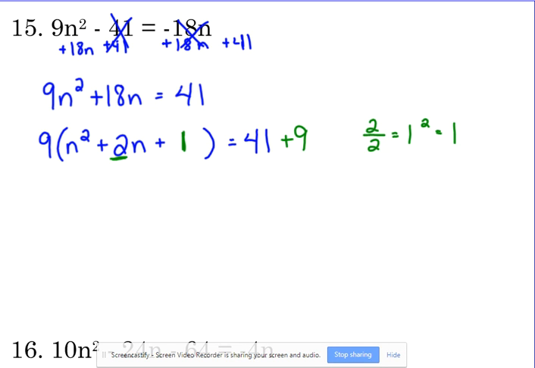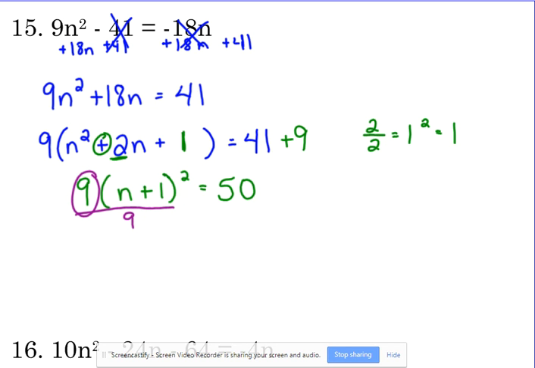Okay, let's keep going. So then we factor n plus 1 squared. It's plus because the 2 was positive. It's 1 because that's the number that we squared, is equal to 50. There's one other little thing that we have to do in this case before we can take the square root. We've got to get rid of that 9. So we need to divide by 9.